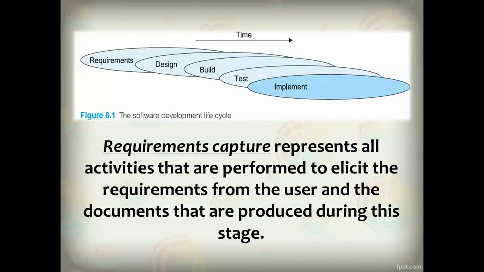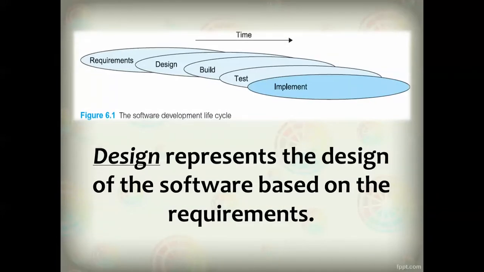Requirements capture represents all the activities that are performed to elicit the requirements from the user and the documents that are produced during this stage. Design represents the design of the software based on the requirements.